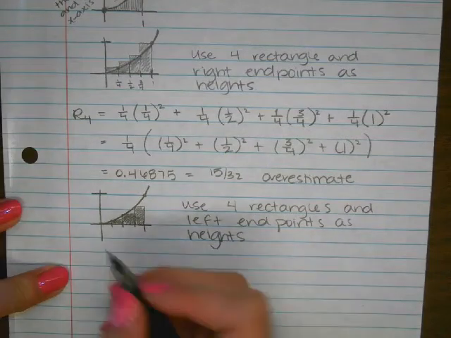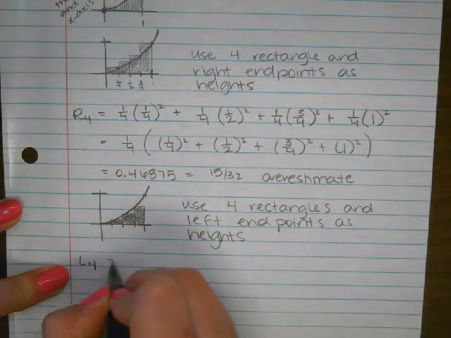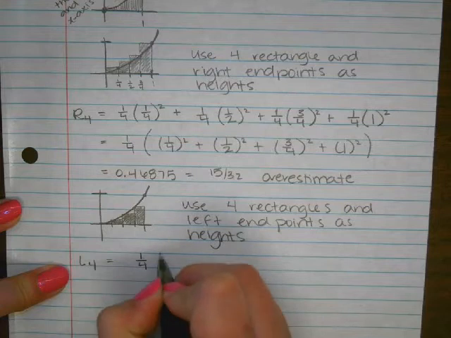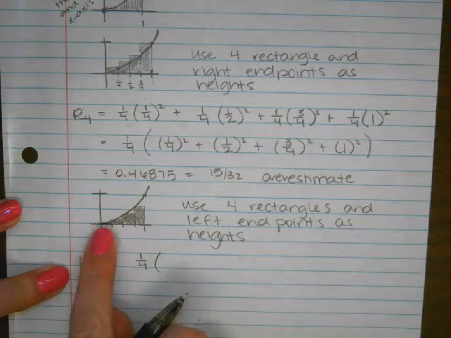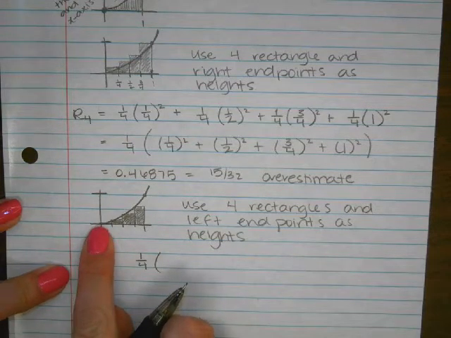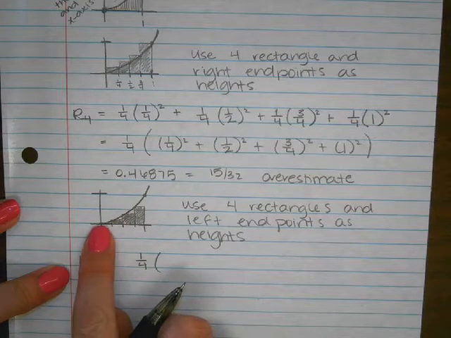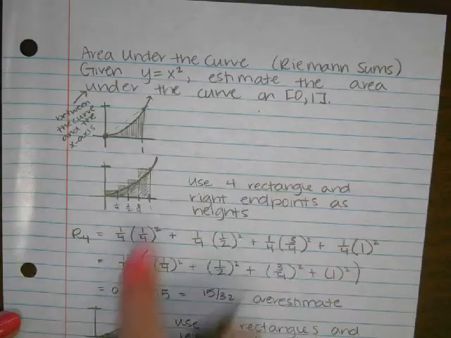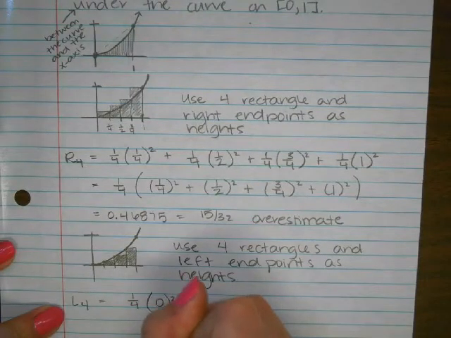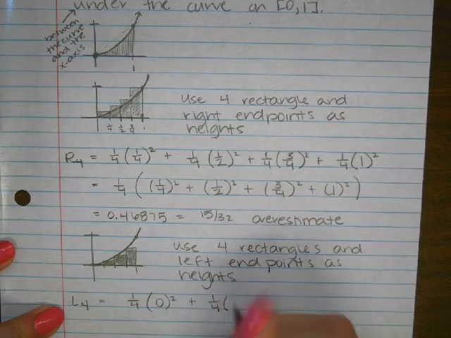Okay, so here we're going to say L sub 4 is 1/4 for the width. The height is the left endpoint, so we get the left endpoint from plugging in 0. The left value, we're going to find the height from plugging that 0 into the curve, so 0 squared. Width of 1/4.